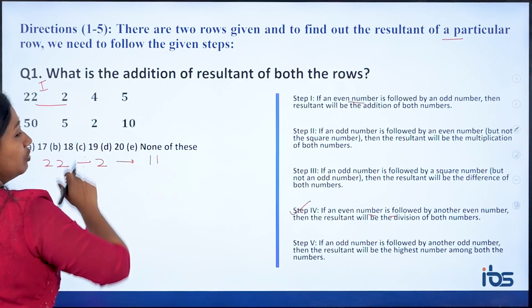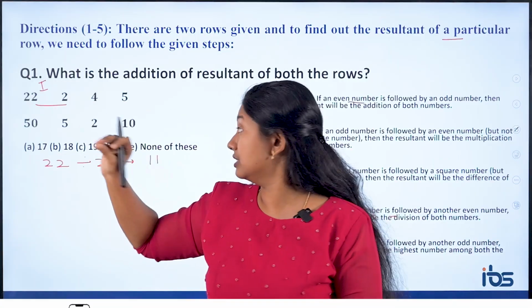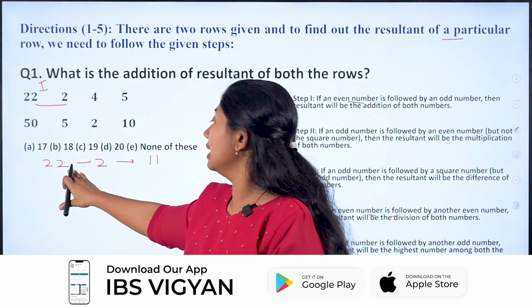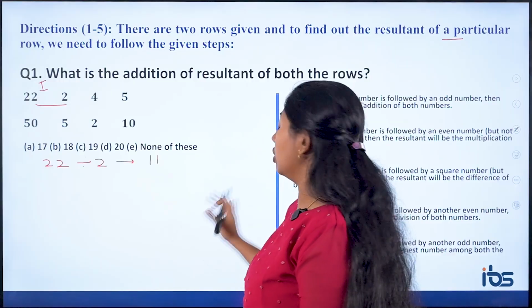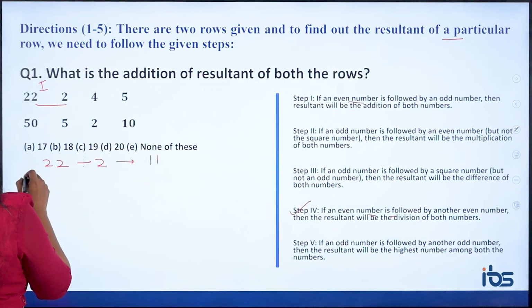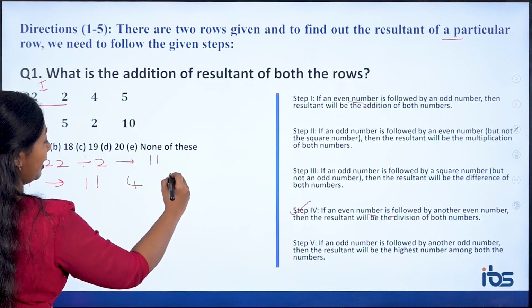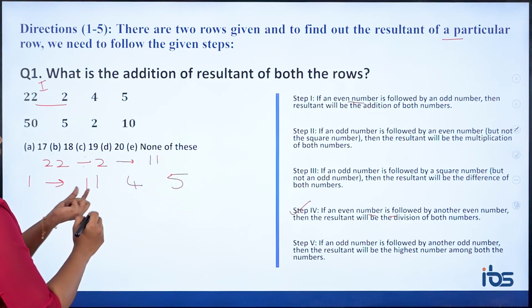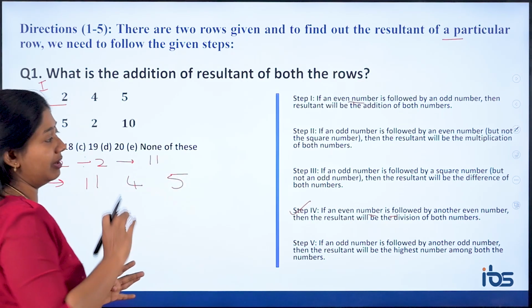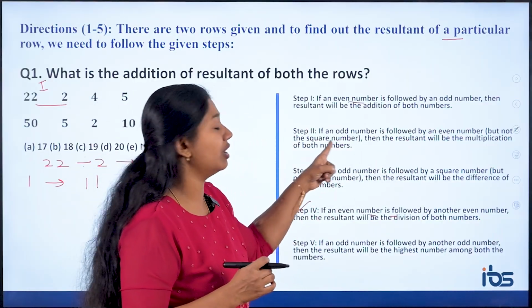From these two you have got a single value as output. That is, the first step we do in row 1 is step 4, and we get 11. Now row 1 becomes 11, 4, 5. Now you can see an odd number followed by an even number, but not a square number.